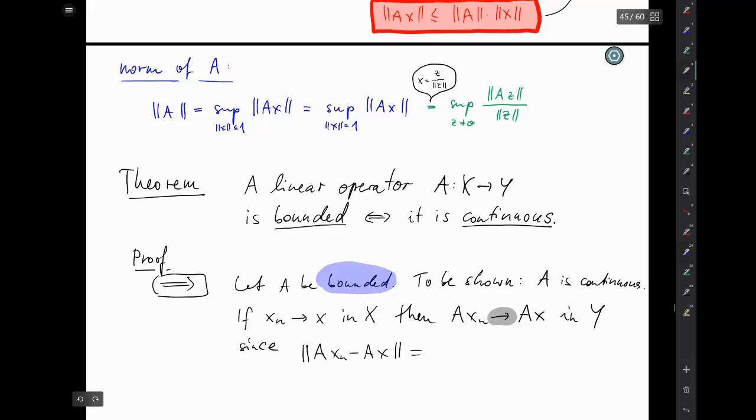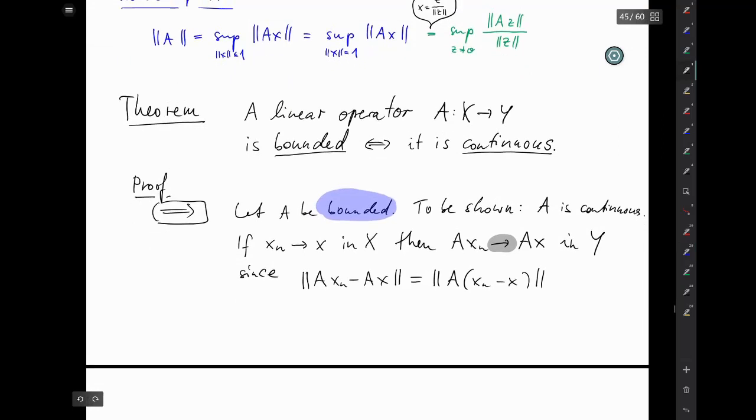So let's first use linearity, because we also have that, and rewrite this as A of x_n minus x. Okay, and now comes boundedness, where we can bound this by norm of A times norm of x_n minus x.